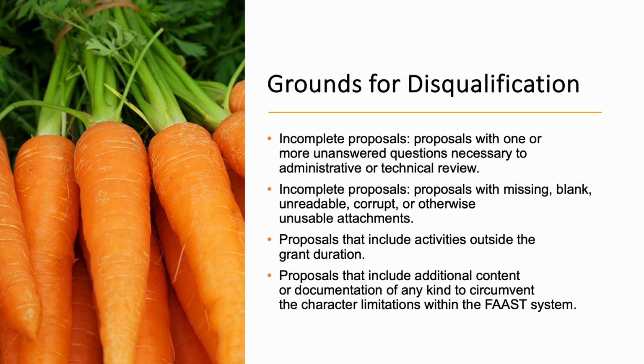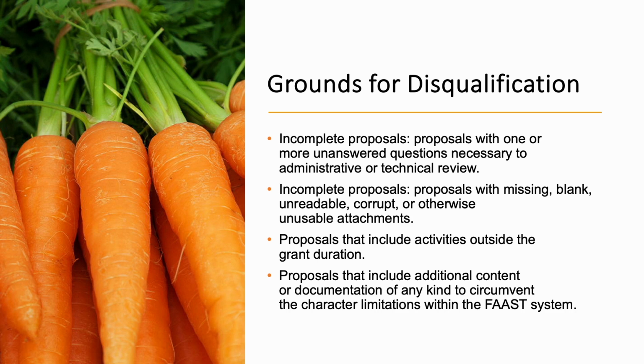Here's a quick review of items that may result in the disqualification of a proposal. Incomplete proposals, including proposals with one or more unanswered questions necessary for administrative or technical review, or missing, blank, unreadable, corrupt, or otherwise unusable attachments. Proposals that include activities outside the grant duration.